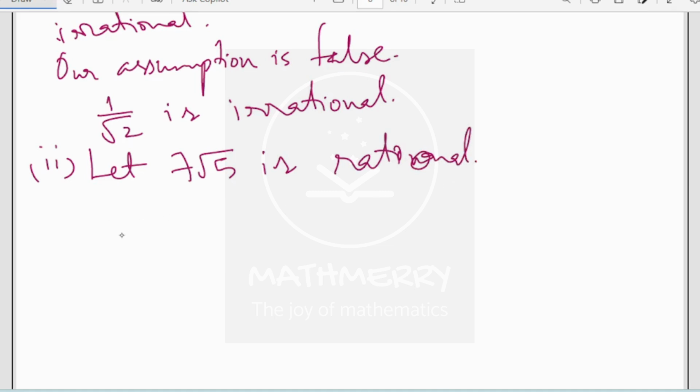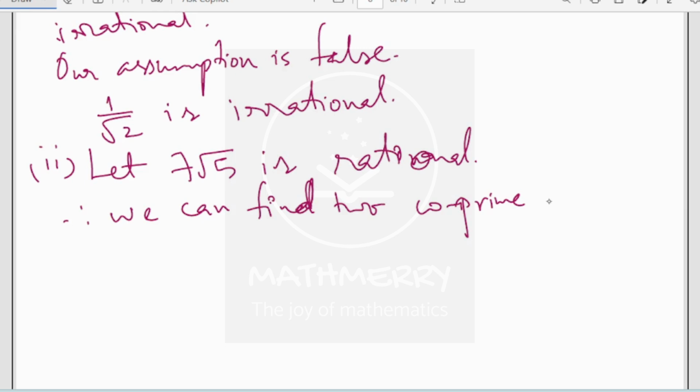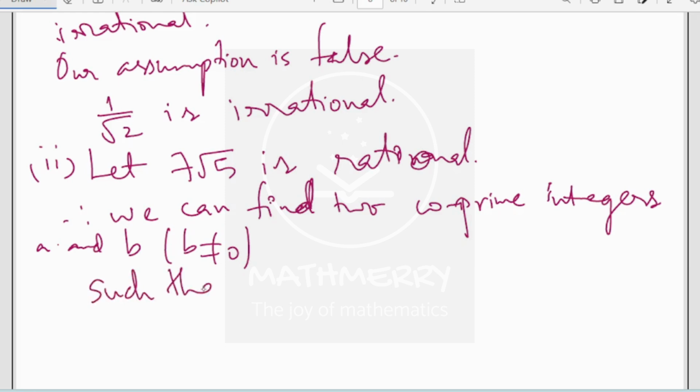Okay, if it's a rational number, we can find two coprime integers a and b, where b is not equal to 0, such that we can write 7 root 5 as a by b.